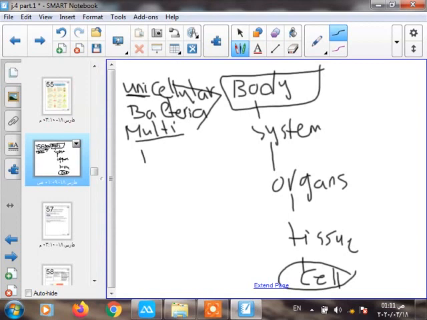And multicellular, like human, animal, and plant. The human, the animal, and the plant are multicellular living organisms.